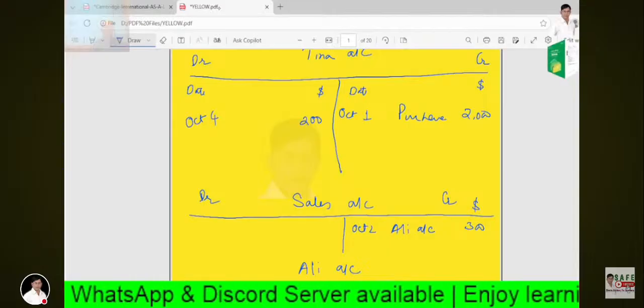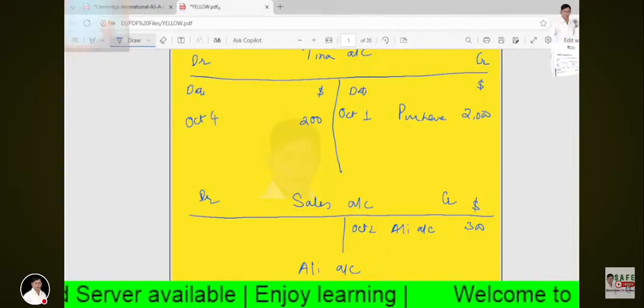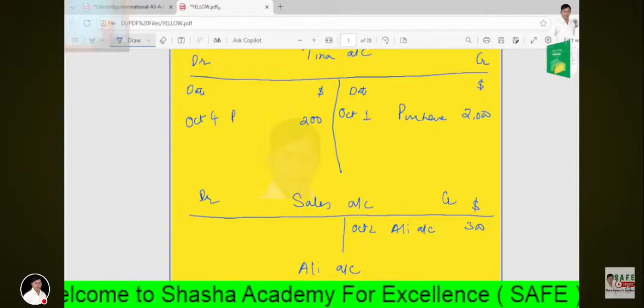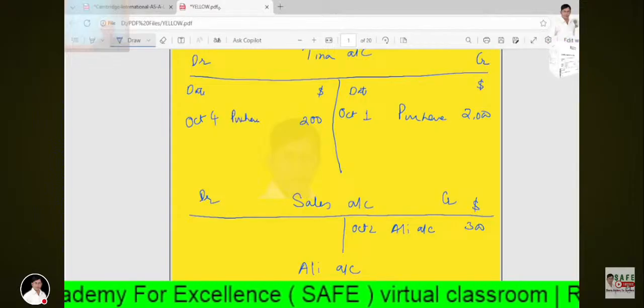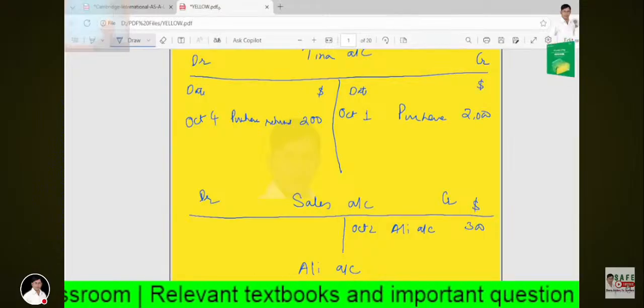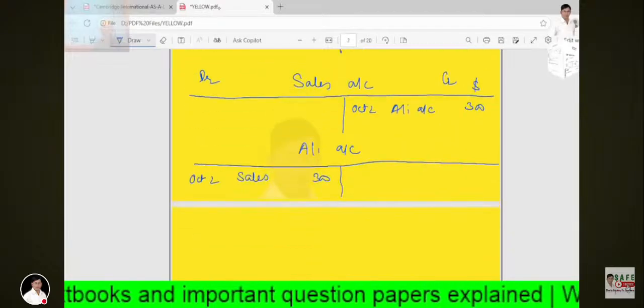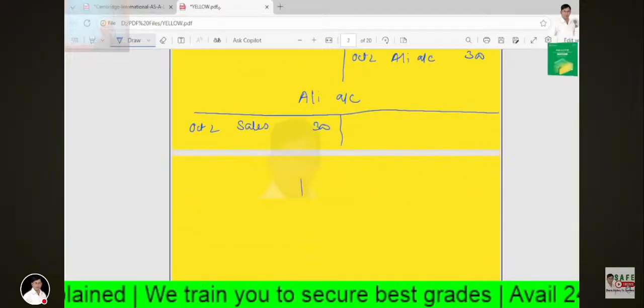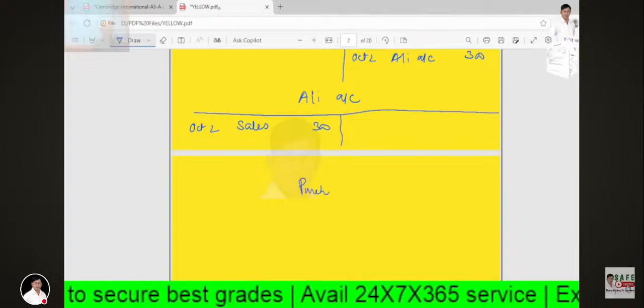But why are we debiting Tina? Because we have returned the goods to her. So purchase returns. We have to open one account called purchase returns.